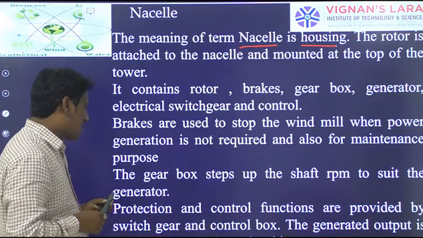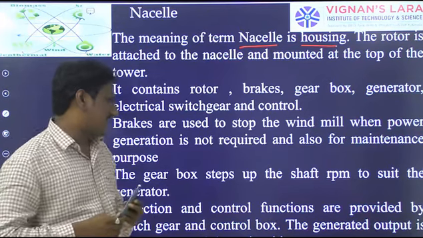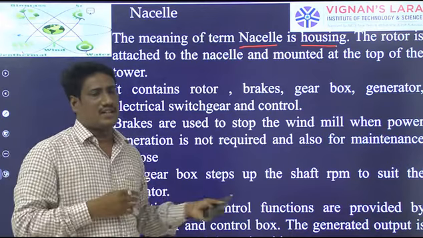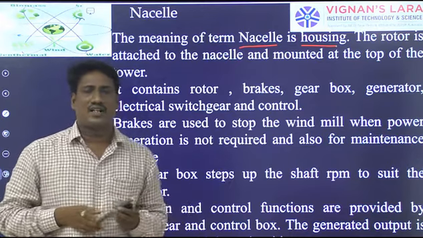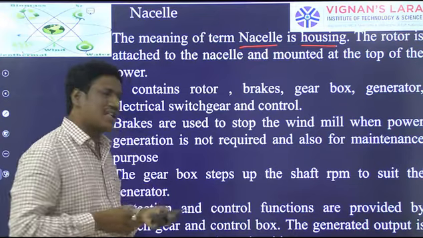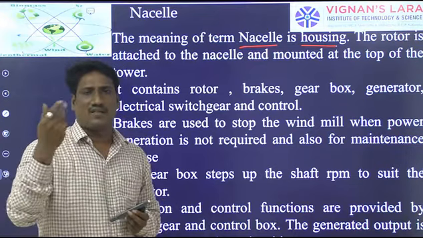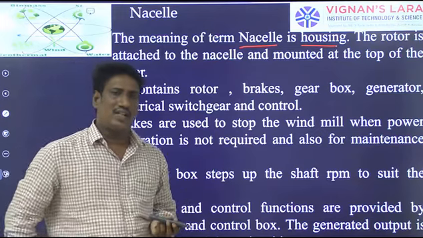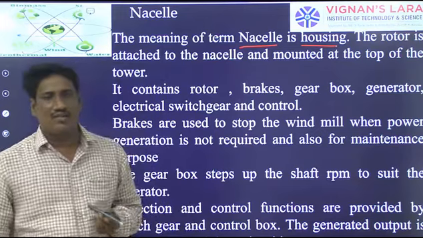Next, protection and control functions are provided by the switchgear and control box. For controlling the generator and protection, the switchgear mainly contains isolators, fuses, circuit breakers and relays. You already know the isolator is used to break the circuit under light load or no load conditions.